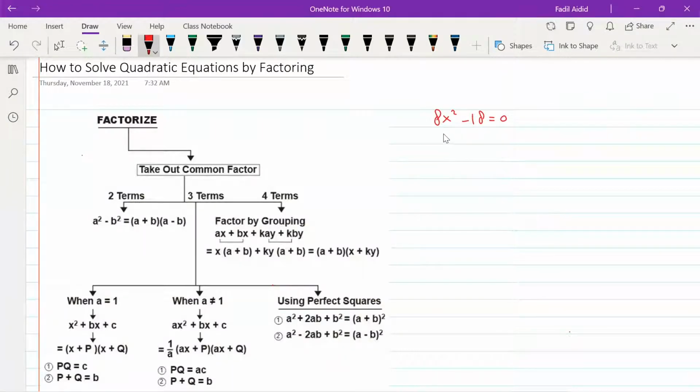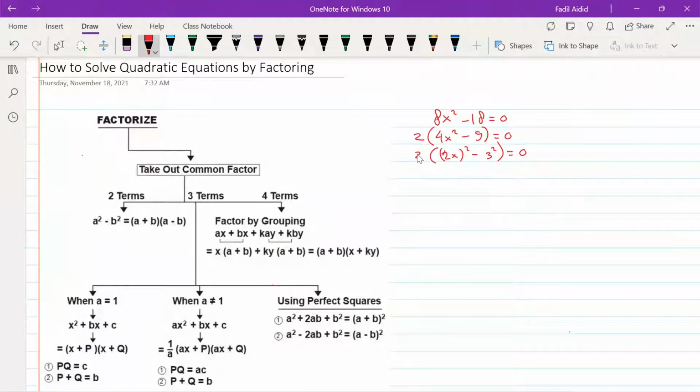So what you need to do is take out the common factor between 8 and 18, which is 2. Take out 2. And then the rest is just 4x squared minus 9 equals 0. Now 4 and 9 are perfect squares, so you can write it like this: 2x squared minus 3 squared equals 0.